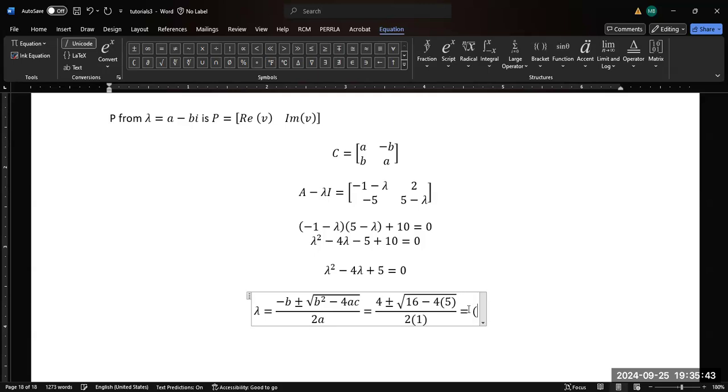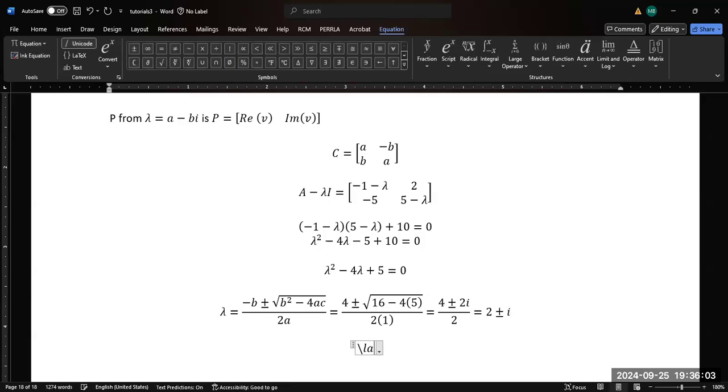And so we're going to end up with 4 plus and minus the square root of 16 minus 20, which is the square root of -4, which is going to be 2i, divided by 2. So that's going to be 2 plus and minus i.